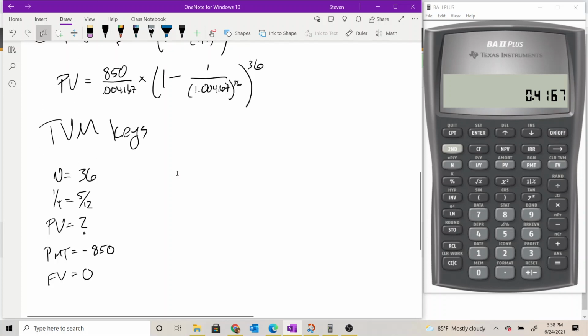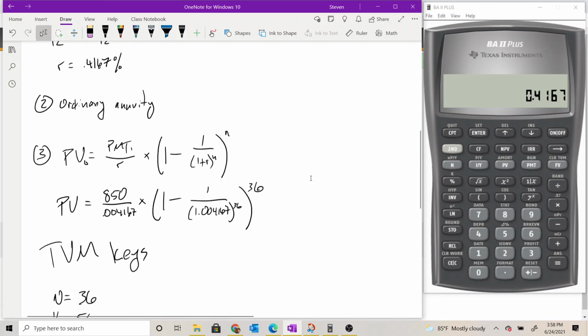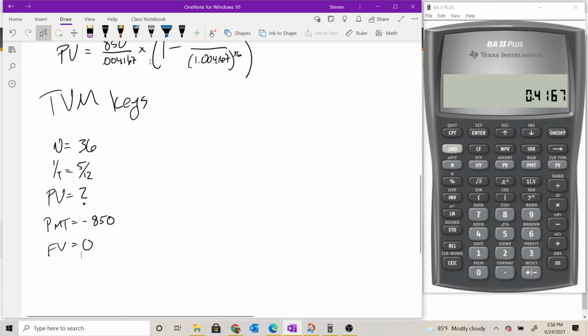With this one, we of course do have an $850 payment at the end of the timeline, so it may be tempting to put that there for future value, but when we put $850 on the payment key and then set n to 36, it has already accounted for this last payment. We'd only put something on the future value if there were an additional payment over and above that last one, which there is not in this case. So future value is going to be 0.